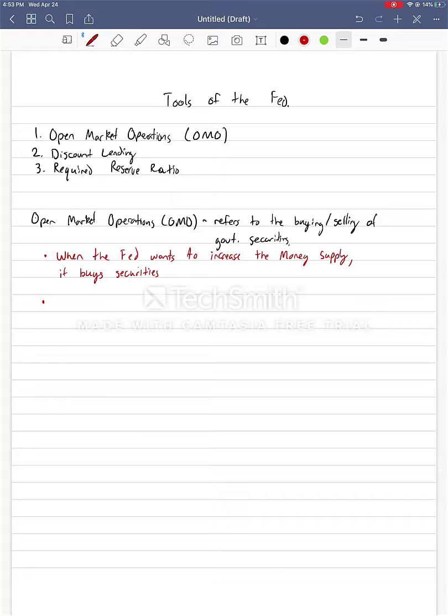And when the Fed wants to decrease the money supply, it's going to sell securities. By doing this, the Fed is trying to get funds directly into the market for loanable funds and take funds directly out of the market.